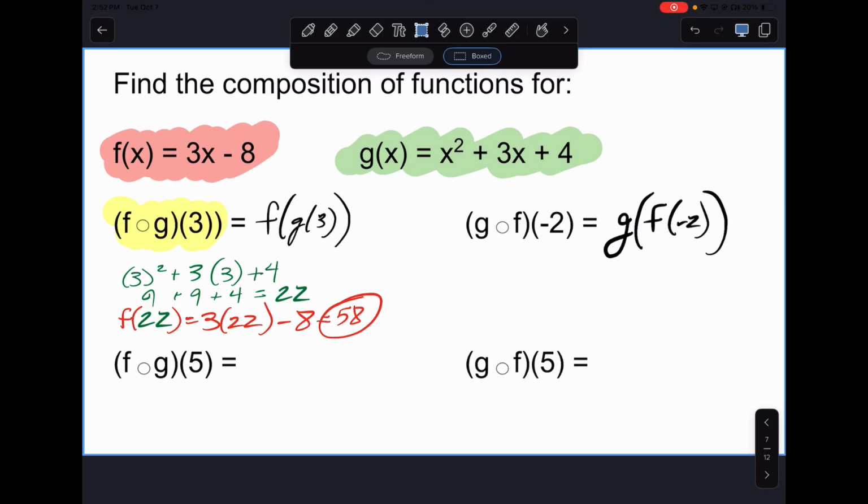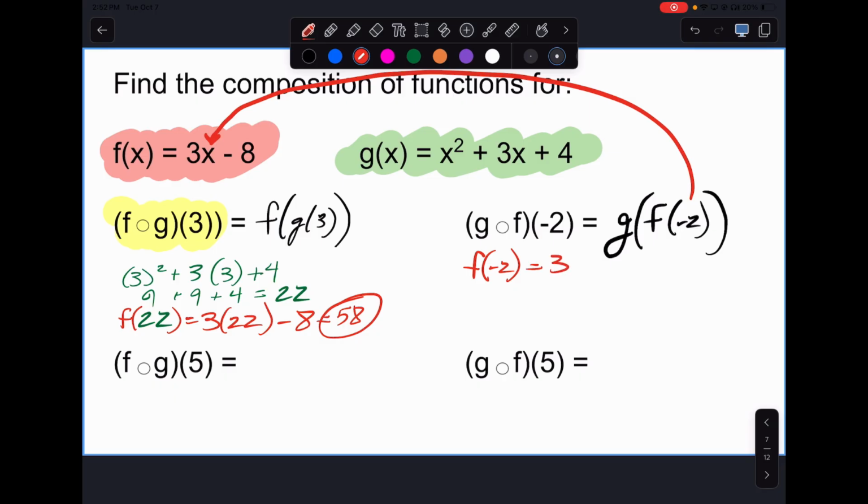All right, so I'm going to plug this into my f function first. So we're going to take the -2 and plug it in right there. So f of -2 equals 3 times -2 minus 8, which is equal to -6 minus 8, which is -14.